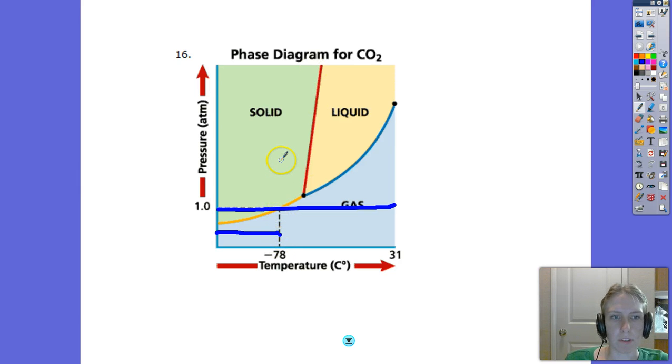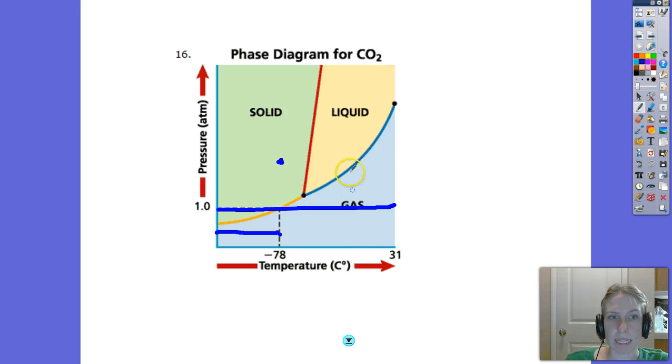Now if we keep that temperature and we increase it to say 2 atm, now we have solid carbon dioxide. And that's why we have dry ice. It's because it has a lot of play between the gas and solid phases here.